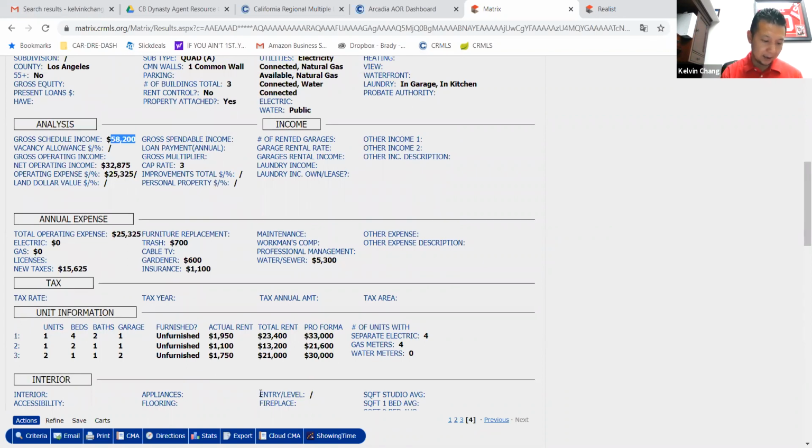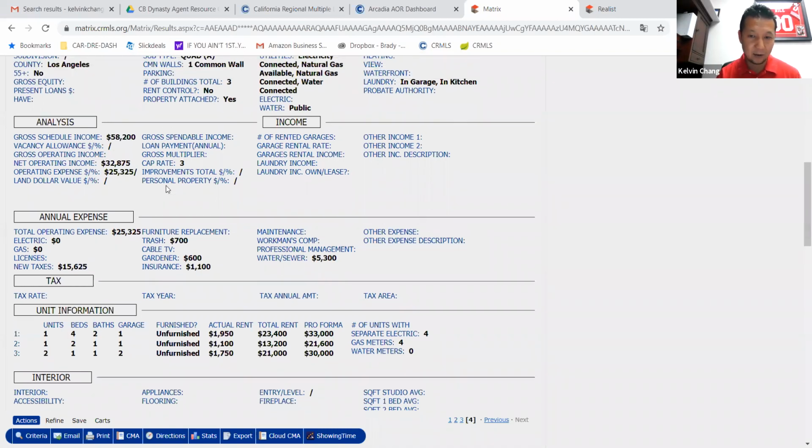Let me do my analysis on the rents real quick. If I add the gross scheduled rents, it's 78,600. So off the bat, their income is wrong, and they're not doing a good job.